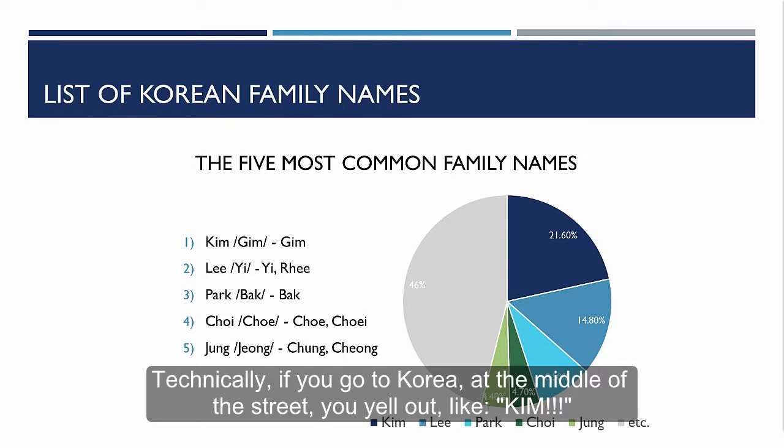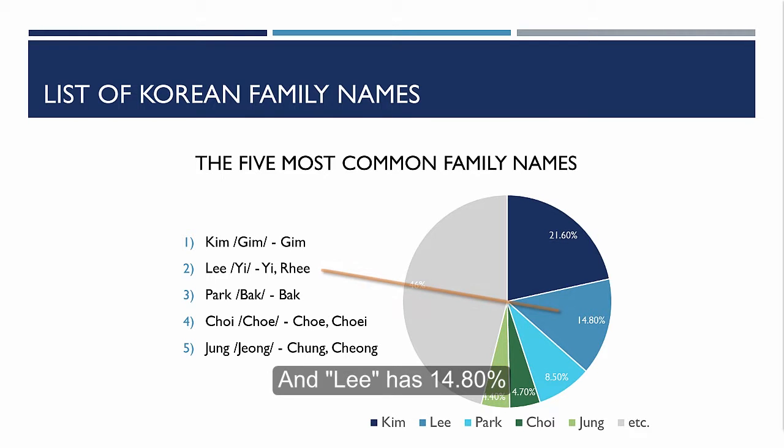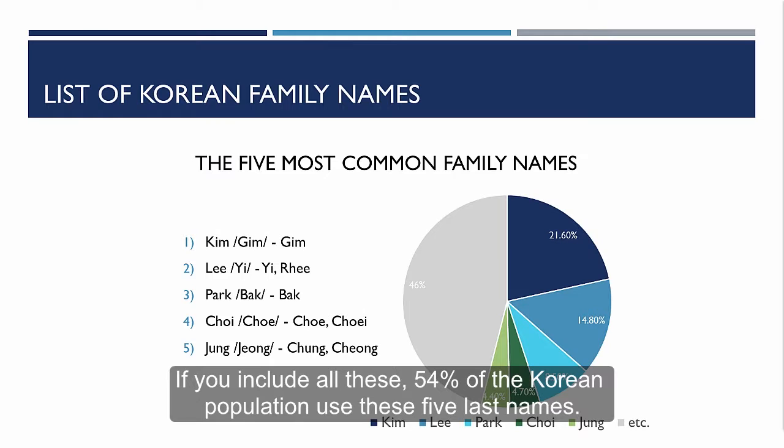Technically, if you go to Korea and yell out Kim in the middle of the street, statistically 20%, about 1/5 of the people, will turn their head to see who just called them. And Lee has 14.80%, Park is 8.50%, Choi is 4.70%, and Jung is 4.40%. Including all of these, 54% of the Korean population use these 5 last names.